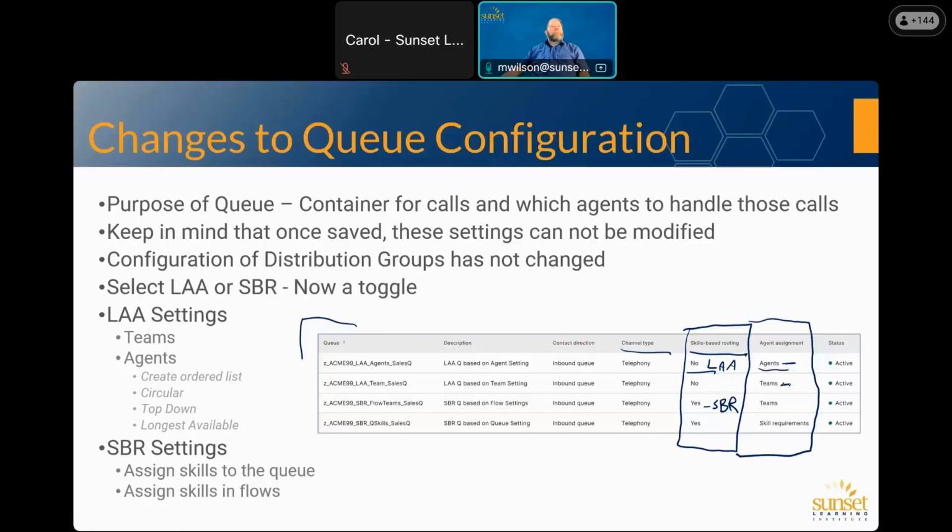And again, what are we doing with the agent assignment? We're saying, how are we going to define which agents are candidate agents that go into a pool to handle contacts delivered to this queue? With skills-based routing, if we say no, it's going to be LAA. All we're doing is saying, if we have one agent available, no problem, send it to that agent.